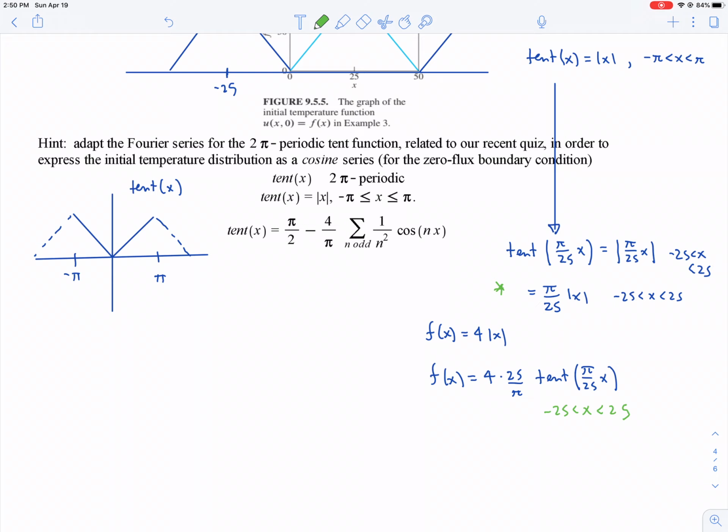Okay, therefore, f of x is 100 over pi, that's the 4 times 25 over pi, and then I just take the Fourier series for the tent of pi over 25x, which is pi over 2 minus 4 over pi, the sum over n odd of 1 over n squared cosine of n times pi over 25 x.